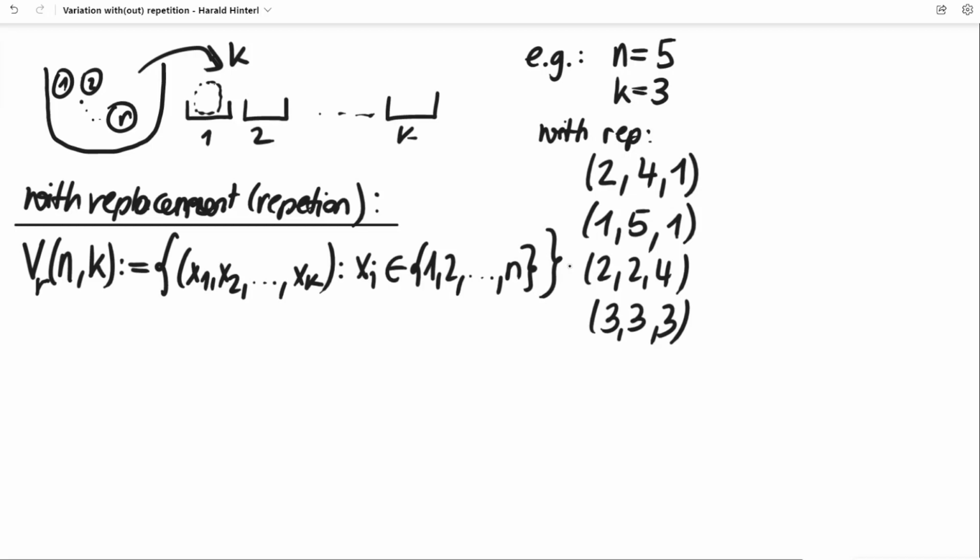So a very important question is how many k-tuples, so in our example, 3-tuples, are there actually? So for this we have to compute the cardinality of this set variation with repetition.